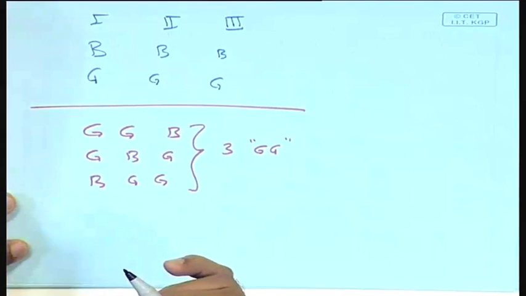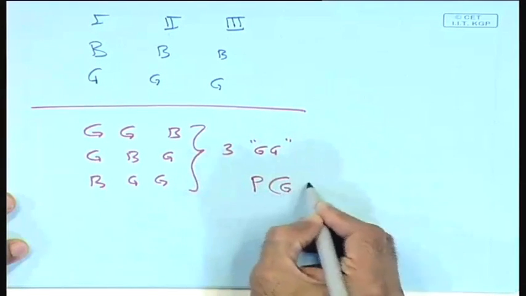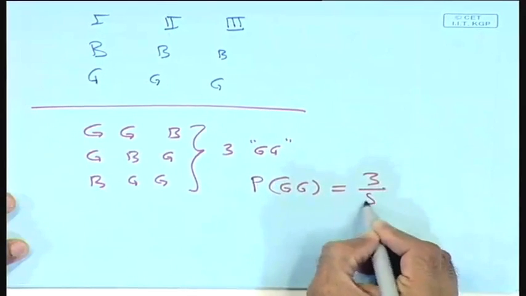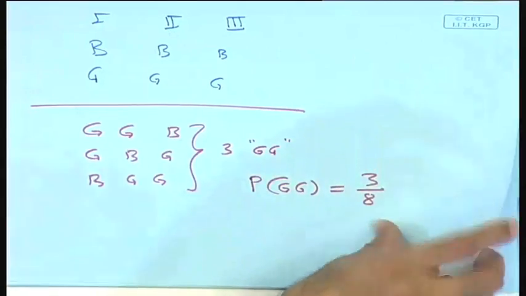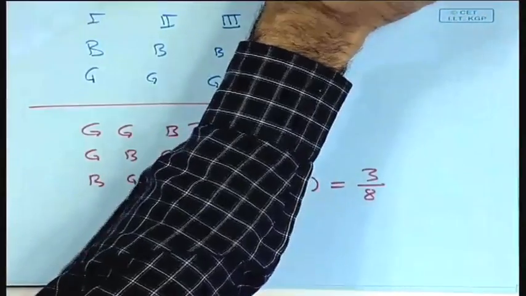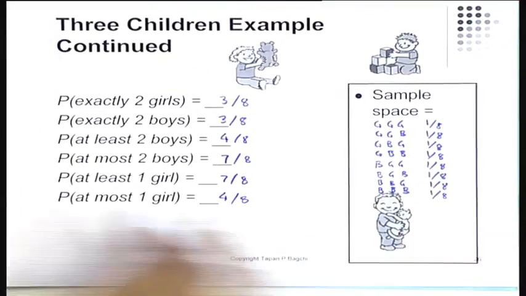Out of how many different possibilities? The total number of possibilities is 8. Therefore, the probability of GG turns out to be 3 divided by 8. And of course, we could be very exact and work this out. Let's take a look at similar situations and work out the other questions also.